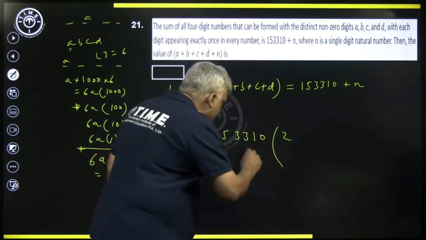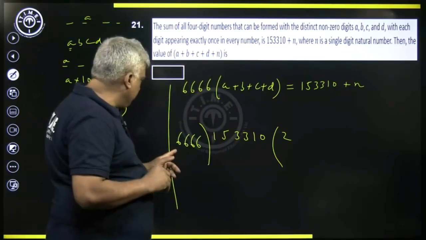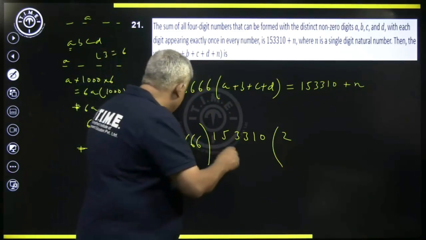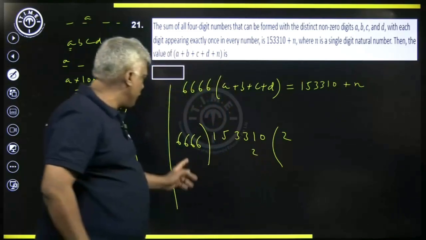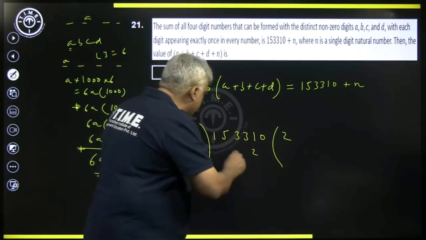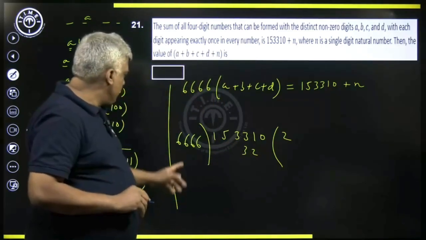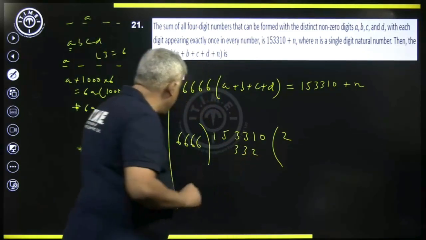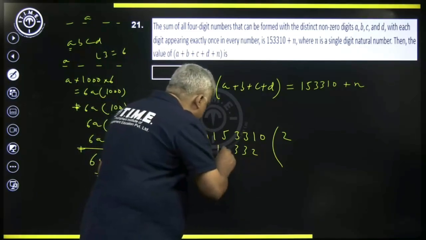So 2 times 6 is 12, carry 1, and so on, giving 13332.